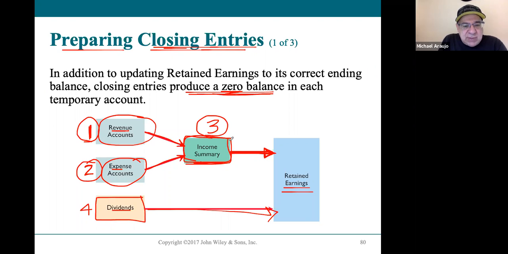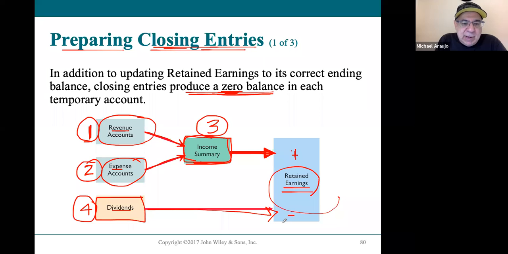We can close income summary and move the balance, which is going to be the net income, to our retained earnings. And the very, very last step is easy. We just take the balance in dividends, bring dividends to a zero balance, and move that over to retained earnings. And that makes sense too, because what do we do on the retained earnings statement? We add the net income, which is what this process is doing here, and we take away the dividends, which is what this process is doing here.